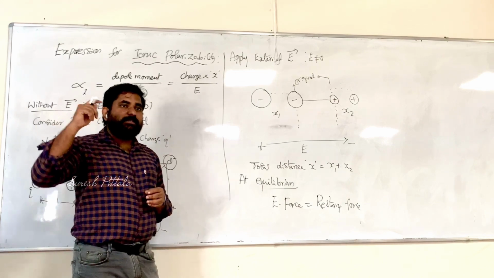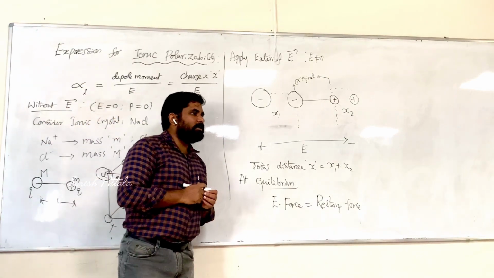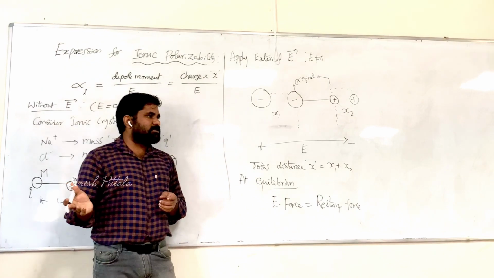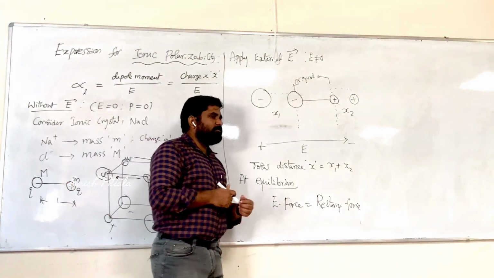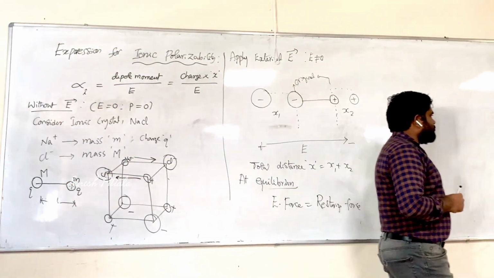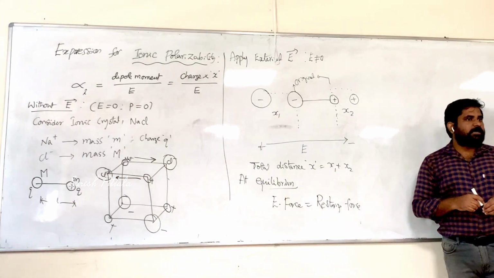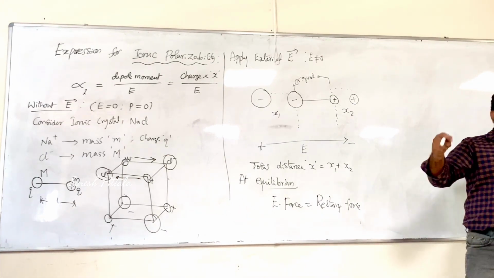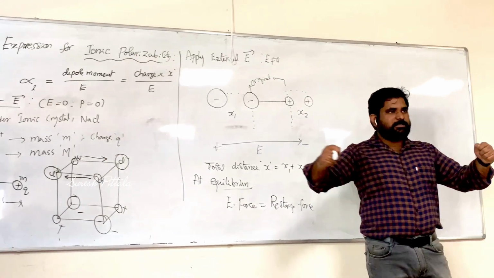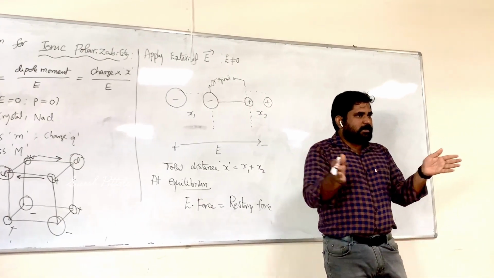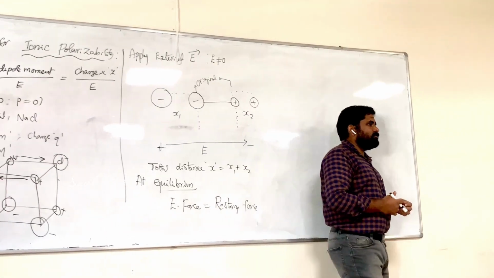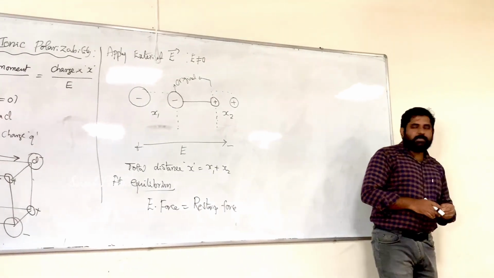While writing the expression for electronic polarizability, it is Coulomb force versus electric force. Here it is your electric force versus the restoring force between the ions. Imagine it is like a spring acting. We pull the spring, and it tries to come back to its original position due to the restoring force.